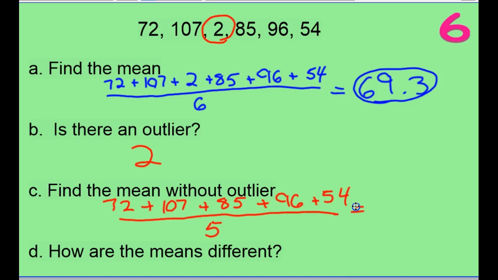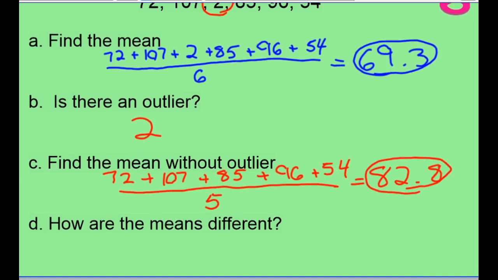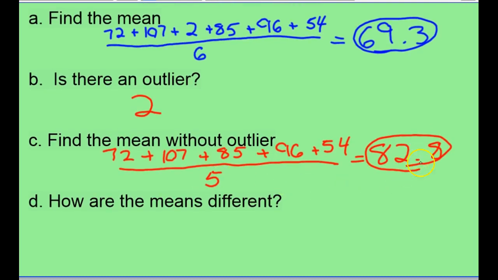And we come up with 82.8. So it says, how are the means different? Well, when we got rid of our smaller outlier, our mean went up.